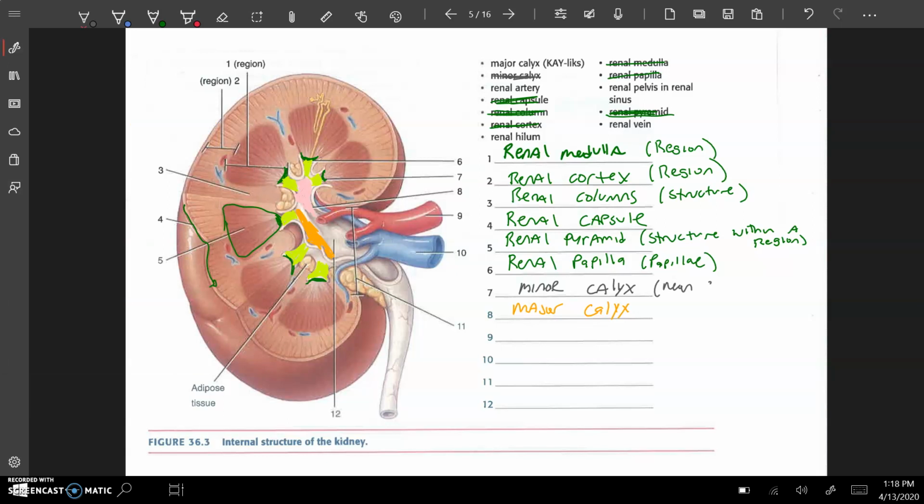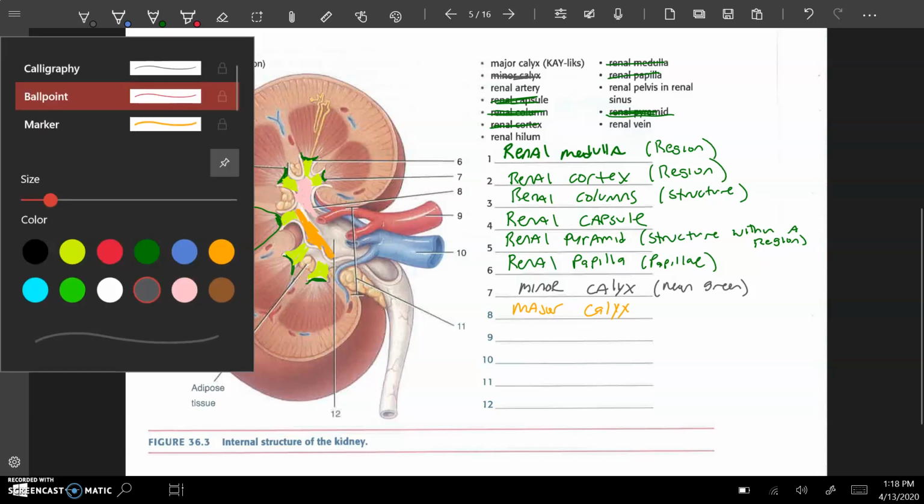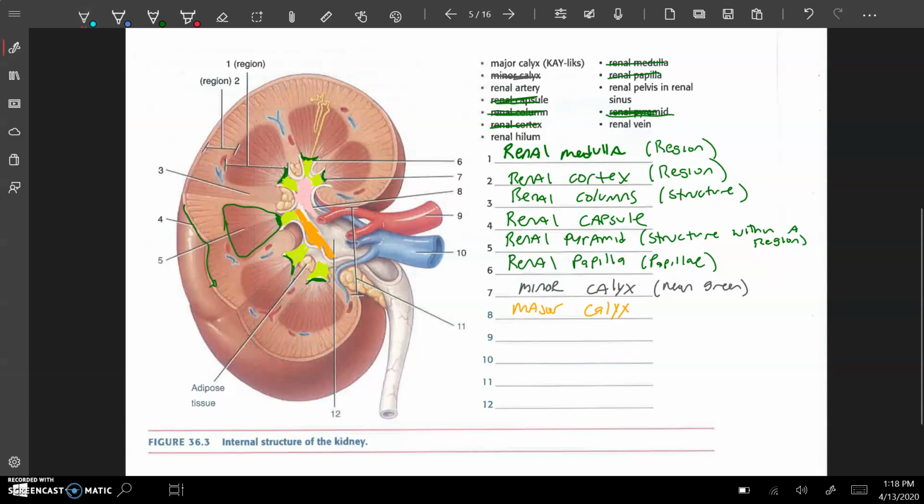This is going to be the neon green. Now if you take a look, you can see that there's 1, 2, 3, 4, 5, 6 minors that drain into 2 majors.